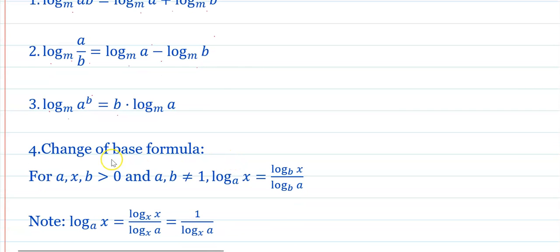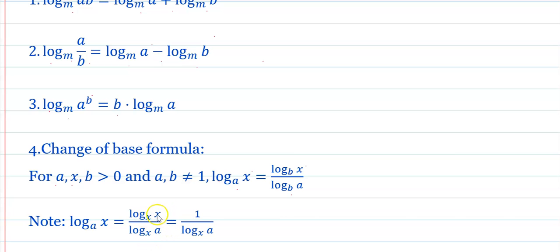Change of base formula, what is it? If a, x, b are positive, a, b not equal to 1, then log of x to the base a can be written as log of x to the base b upon log of a to the base b, in this way. Again we can write it like this, log of x to the base a can be written as log of x to the base x upon log of a to the base x.